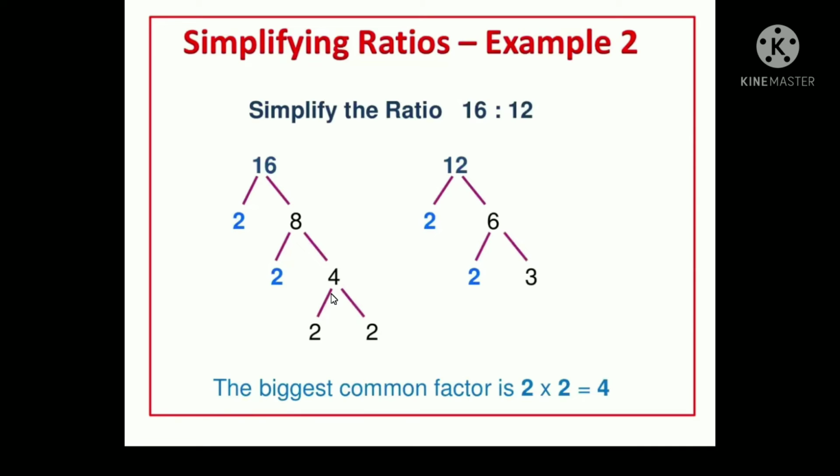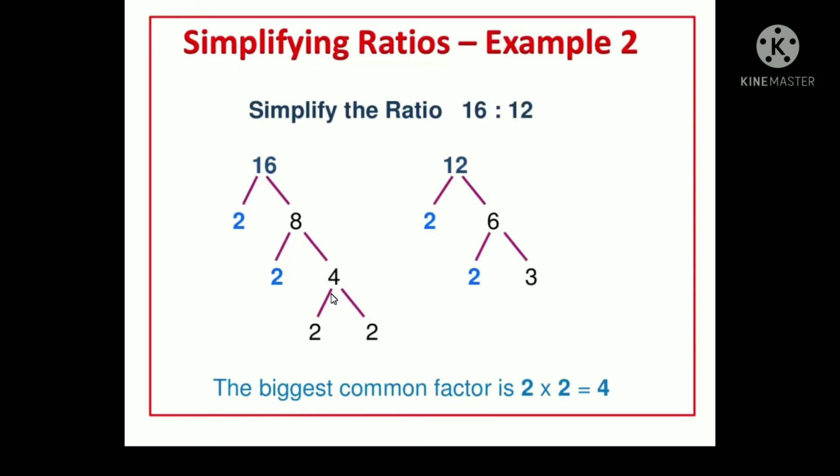Now, pagdating naman po sa 12, we have 6 and 2. So, 2 is a prime. And ang 6 is a composite again. Kaya, ang gagawin po natin ay hahanap ulit tayo ng mga prime factors na pwede sa 6. So, that's 2 times 3.